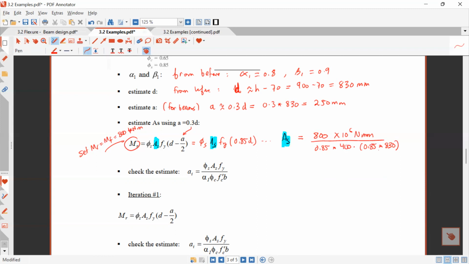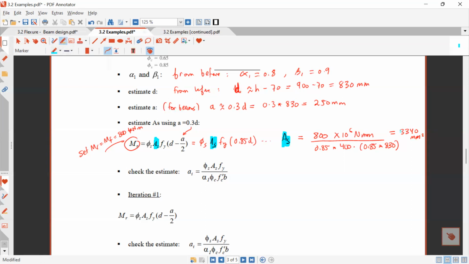Have I made any mistake here? I don't think I have. So this gives me 3,340 millimeters squared.